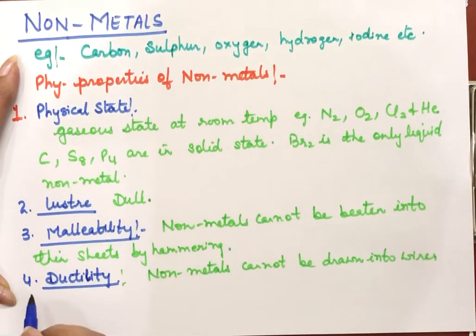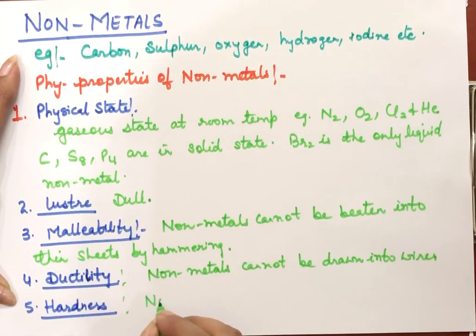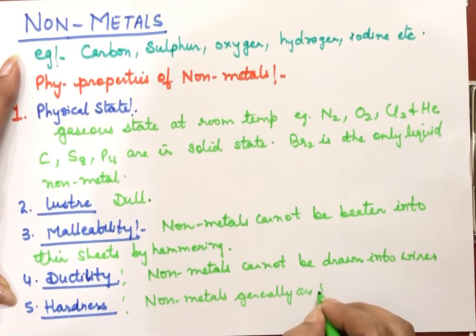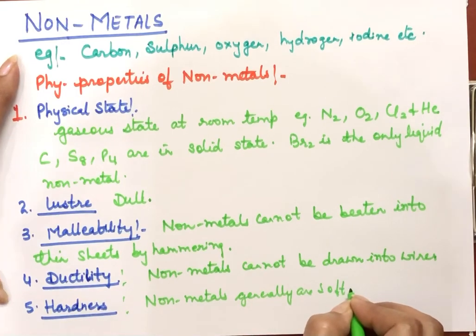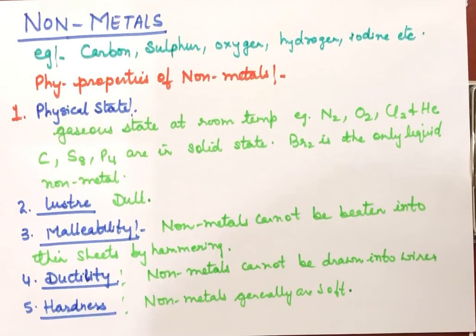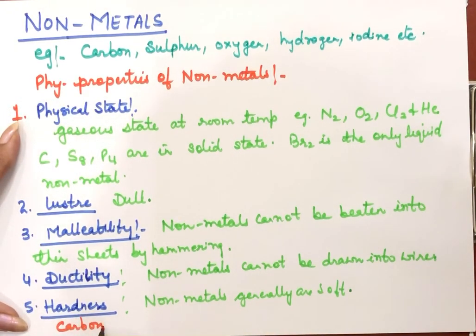The next physical property of non-metals we are taking is hardness. Non-metals generally are soft. They are not hard. They can easily break. But there is one exception here. If we take carbon, there are allotropes of carbon, graphite and diamond.